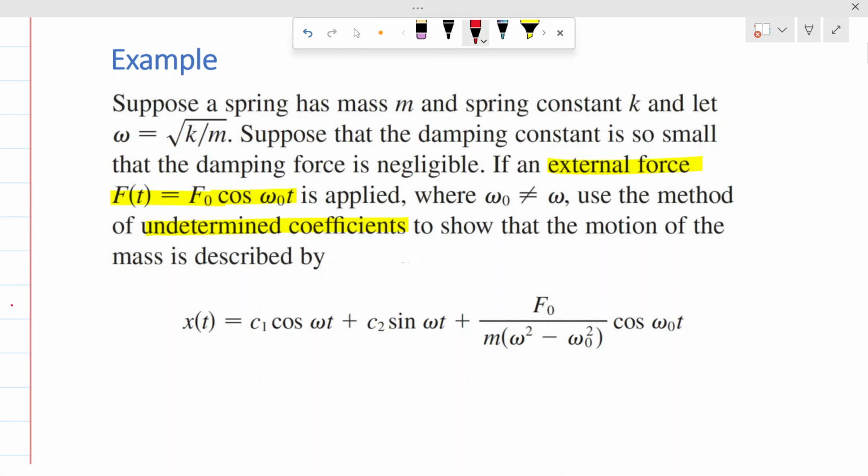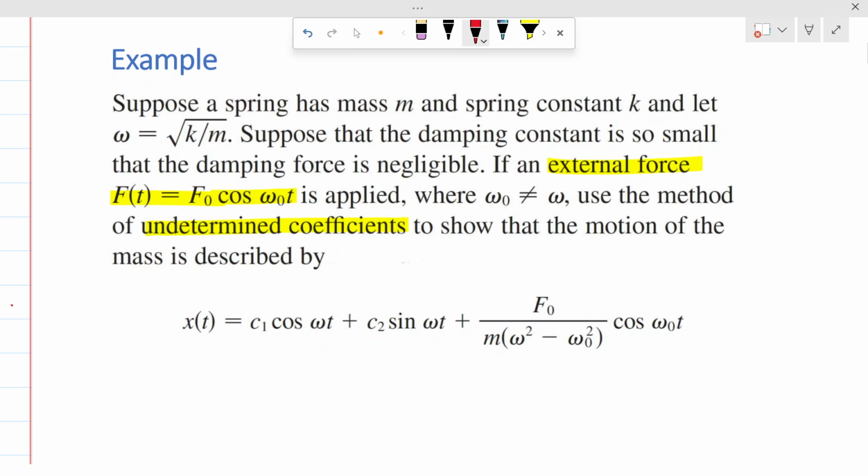Okay, in this next example, we have a spring which has a mass of m and spring constant k. Let omega equal the square root of k over m. Suppose that the damping constant is so small that the damping force is negligible.